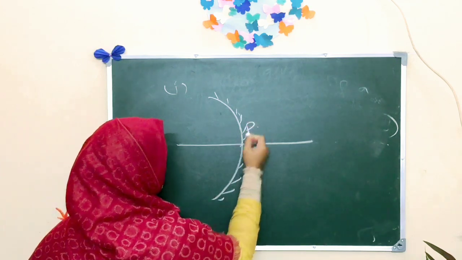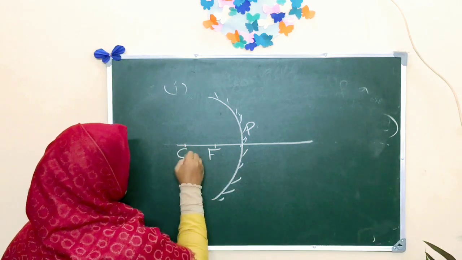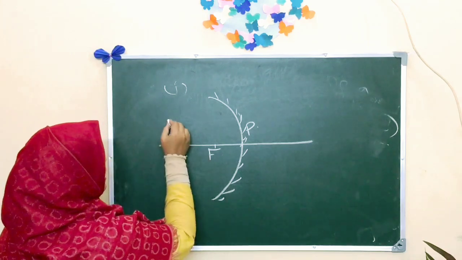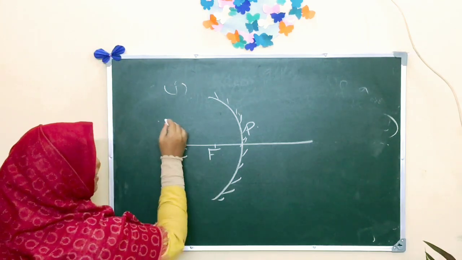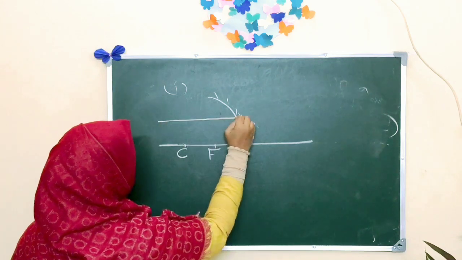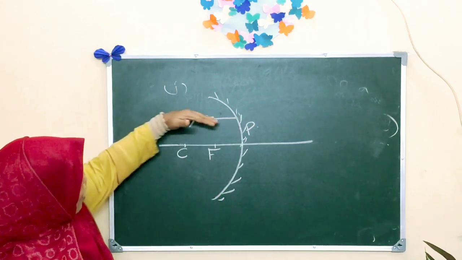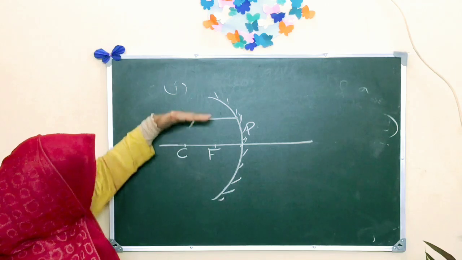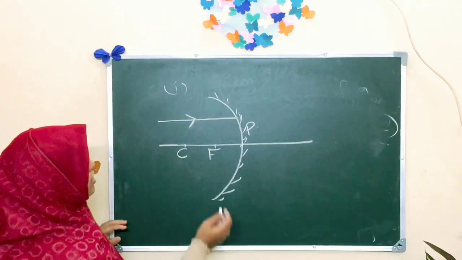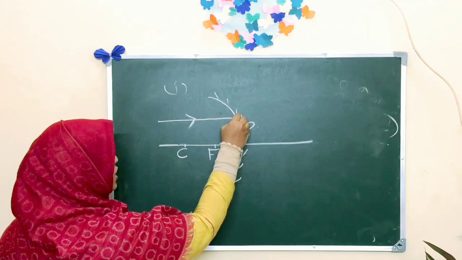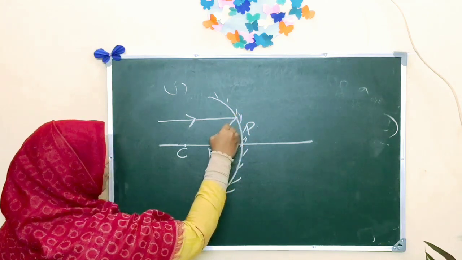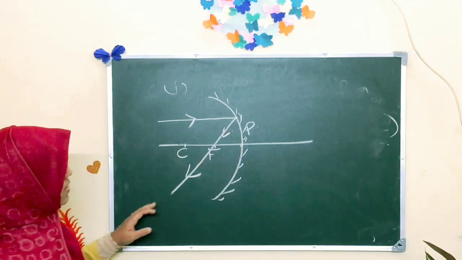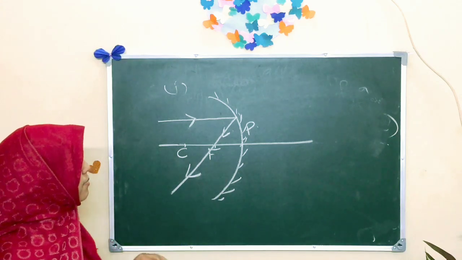This midpoint is P, the pole, then principal focus and center of curvature. Listen, the first rule: any incident ray of light traveling parallel to the principal axis, after reflection, passes through the principal focus. This is the first rule in the case of a concave mirror.